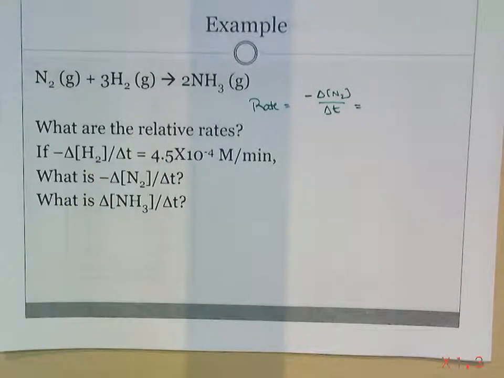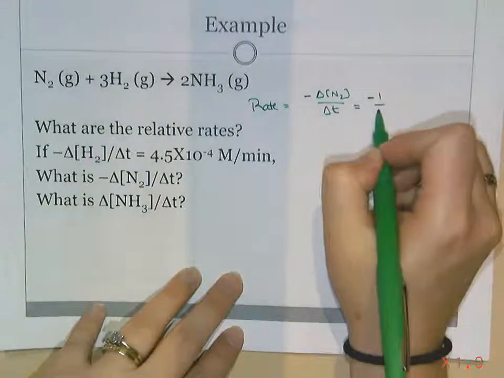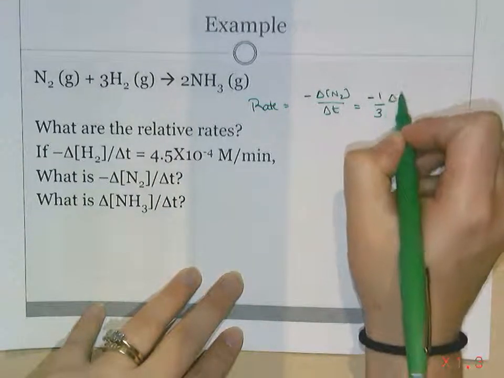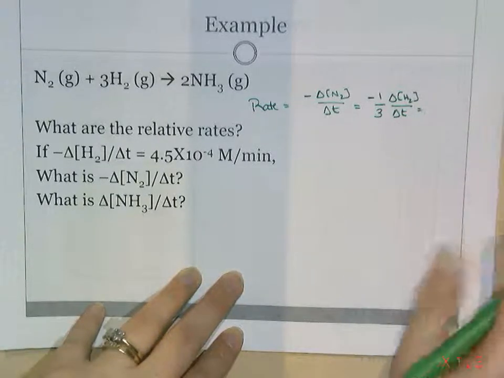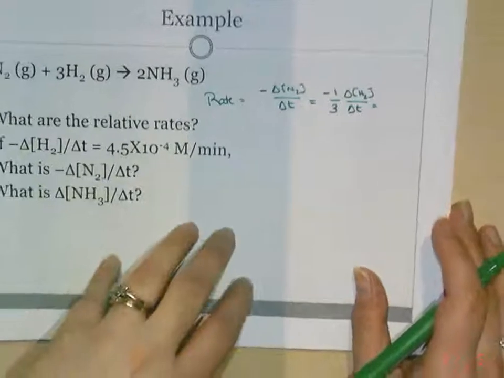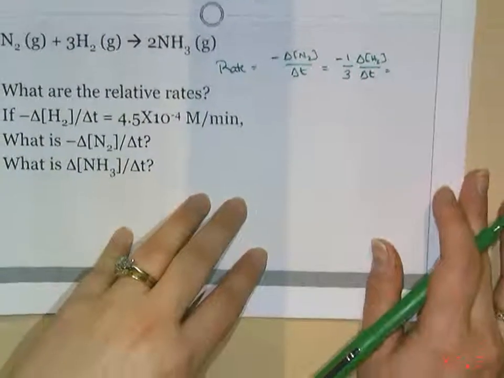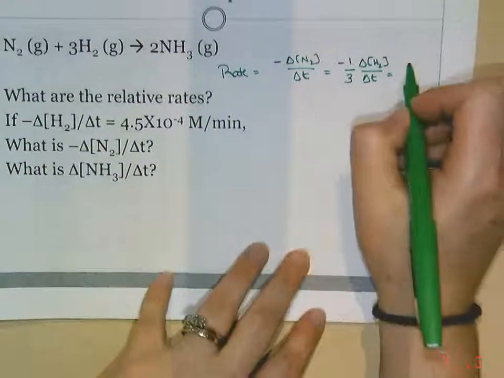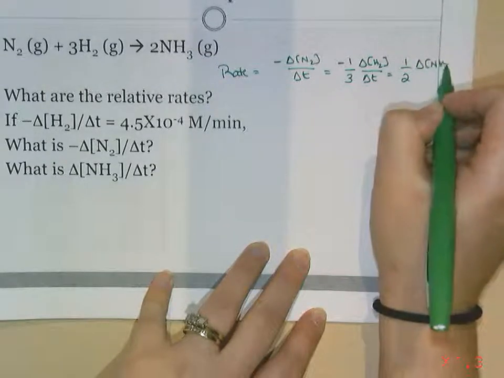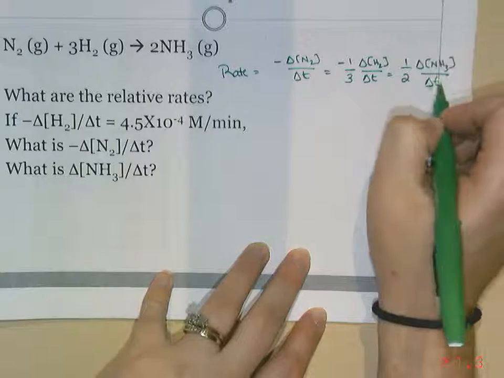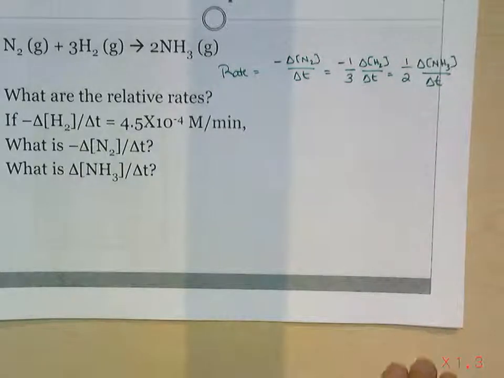Needs a negative 1/3. All right, so then what does my ammonia need? Positive 1/2, yeah. Everybody see our crazy methodical method?